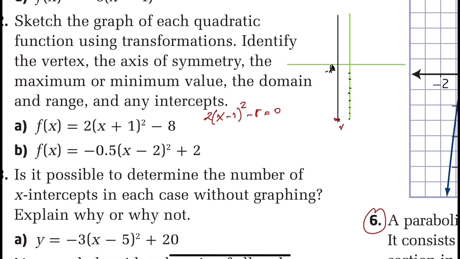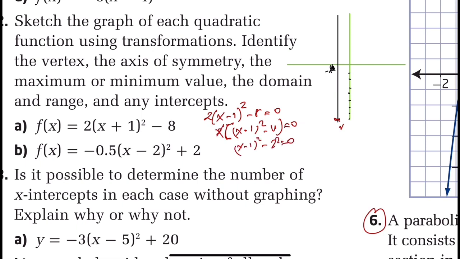This means 2 times ((x plus 1) squared minus 4) is equal to 0. And because 2 never equals 0, we can remove it. That means (x plus 1) squared minus 2 squared is equal to 0.